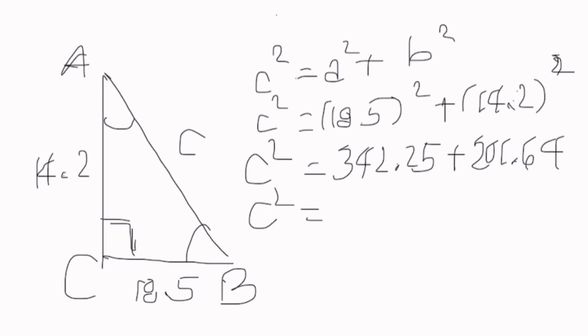So adding the two, it will result to 543.89. Then extracting the square roots of both sides, the square root of C squared is C, so C equals the square root of 543.89, which is 23.32.